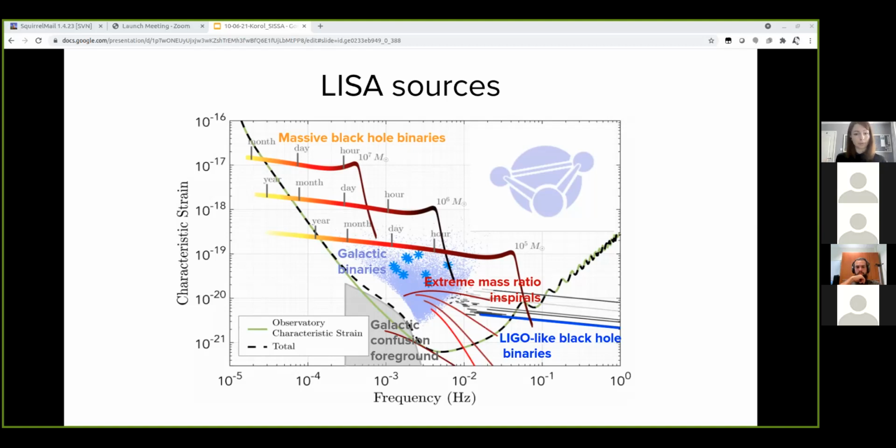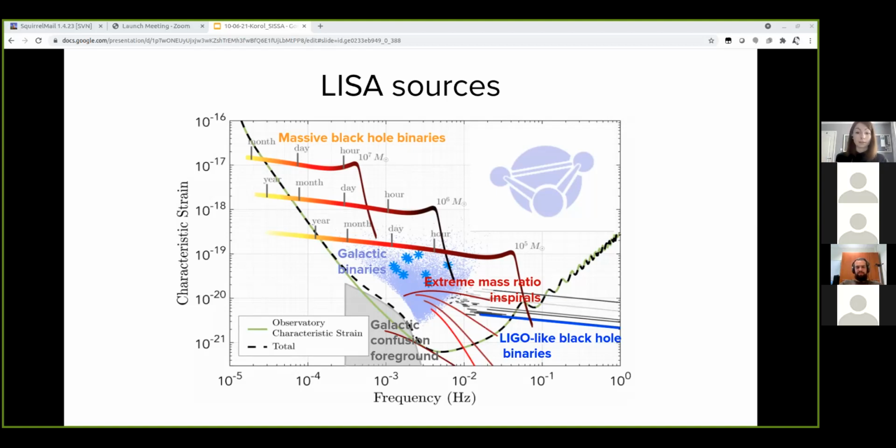So they will emit at a single frequency, and therefore they are represented as a point on this plot, and they will emit continuously over the whole duration of the mission.